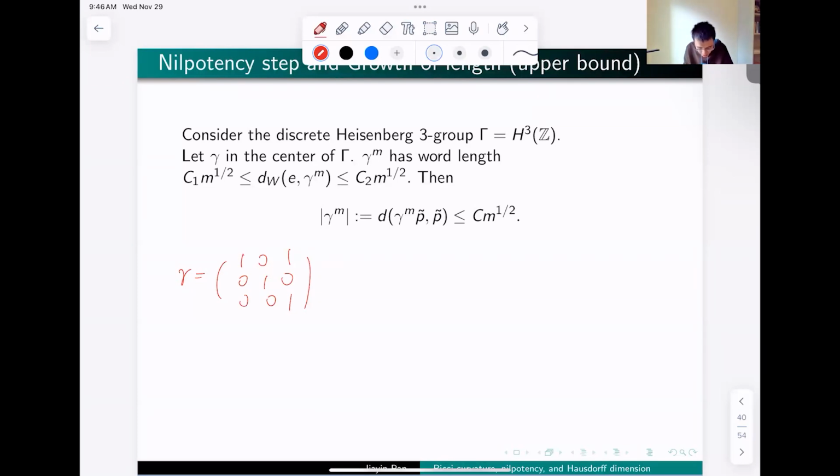Then gamma to the m has word length that is comparable to the square root of m. For word length, you can take a generator, basically this one, beta.